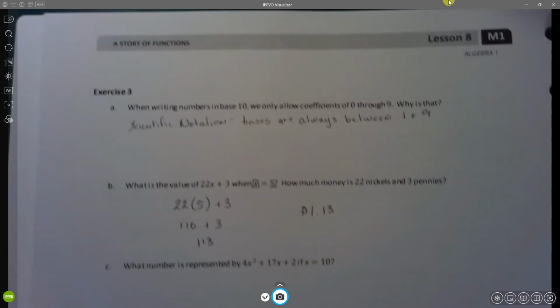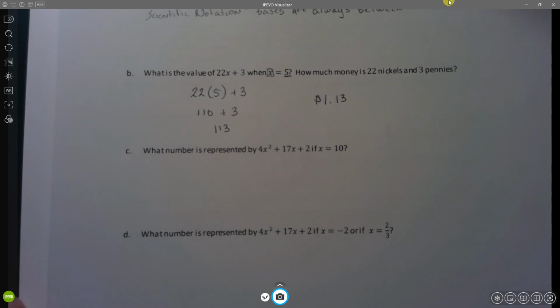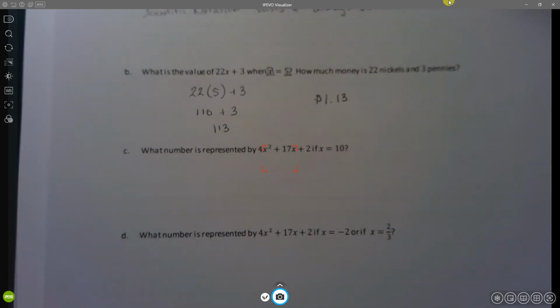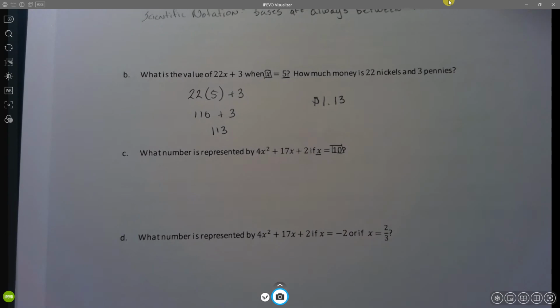All right. Part C. What number is represented by 4x squared plus 17x plus 2 if x equals 10? So we do the same thing we've been doing. Everywhere we see an x, we're going to substitute in the value 10.